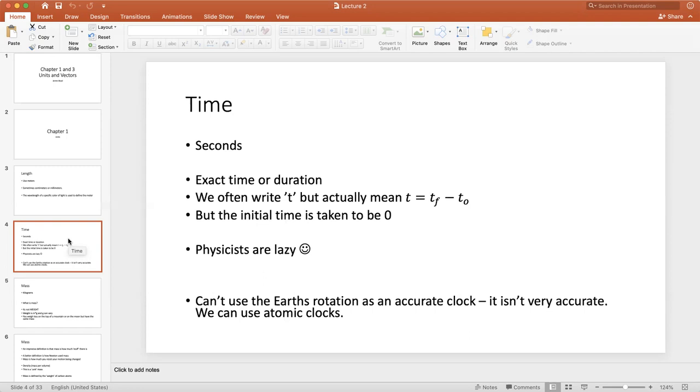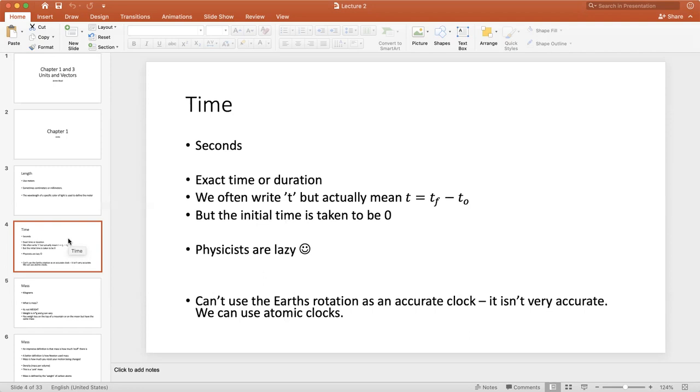The other thing that you need to understand is when we talk about time, sometimes we talk about the exact time, something happening at 9:02 and 2 seconds. But often when we write time in an equation, what we're really talking about is a duration.